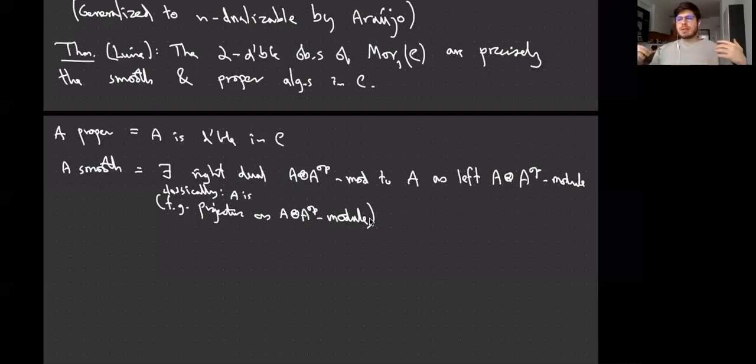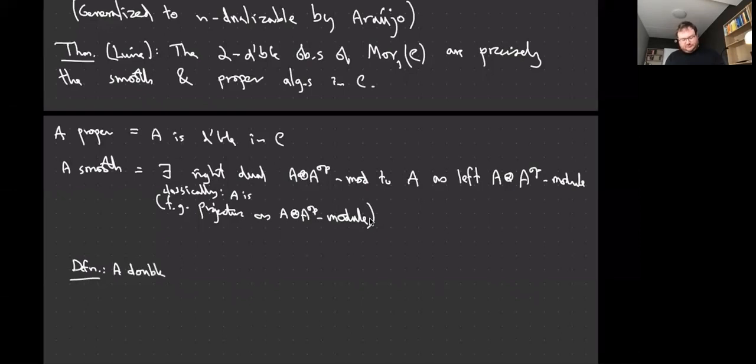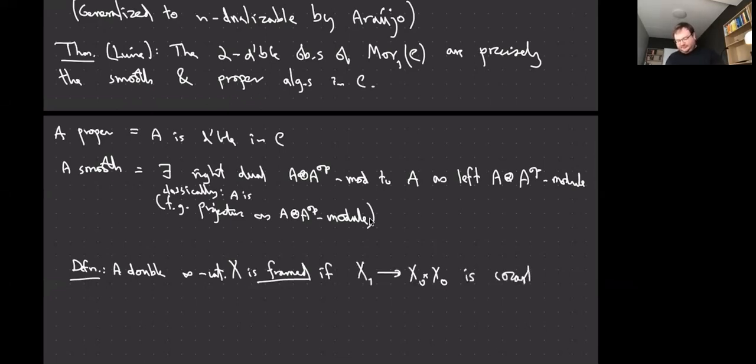Is there a good, well-defined notion of the equipment property for infinity double categories? Yeah, I mean, it may be that the consequences of it that you want are not developed yet, but you can make the following definition: a double infinity category X is framed if I look at the source and target projection from X_1 to X_0 times X_0, I want to say that this should be a cocartesian fibration.